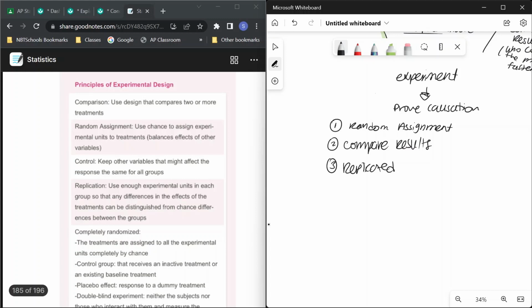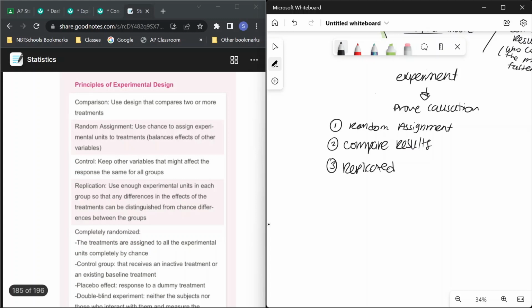When you're trying to figure out if a result is statistically significant, you have to make sure the sample size is great enough that it prevents people from saying your sample size is really small, so that could have affected the results between the two groups, because sample size does affect the results.